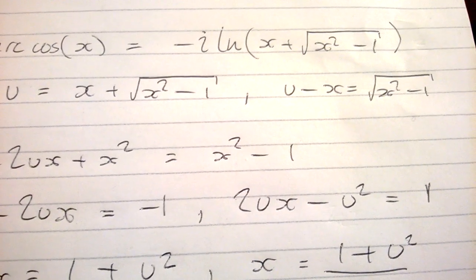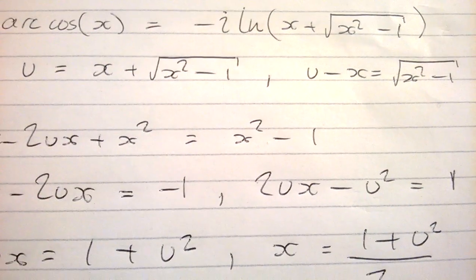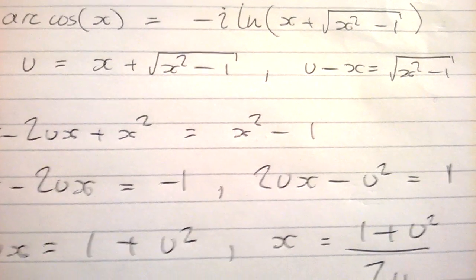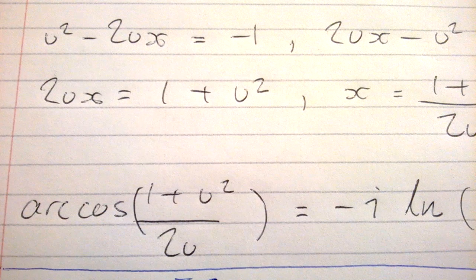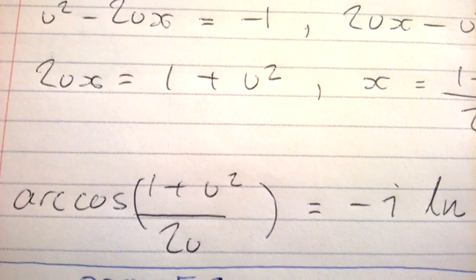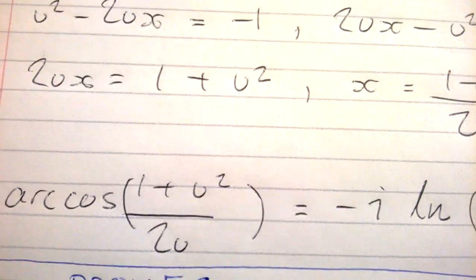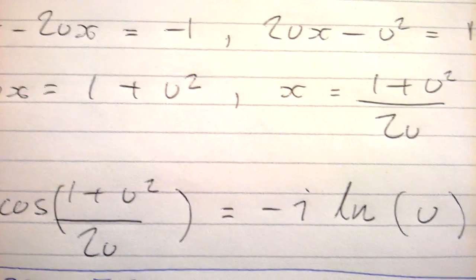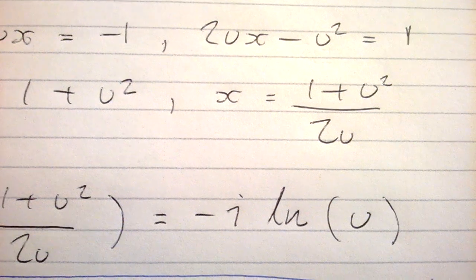And of course the x plus root x squared minus 1 is the u, which means then that the arccos of (1 plus u squared) over 2u, that's equal to minus i times the natural log of u.